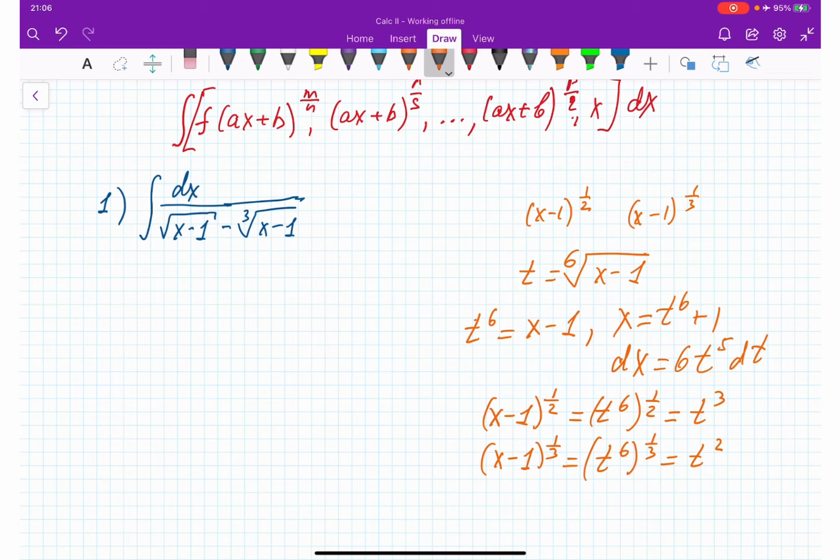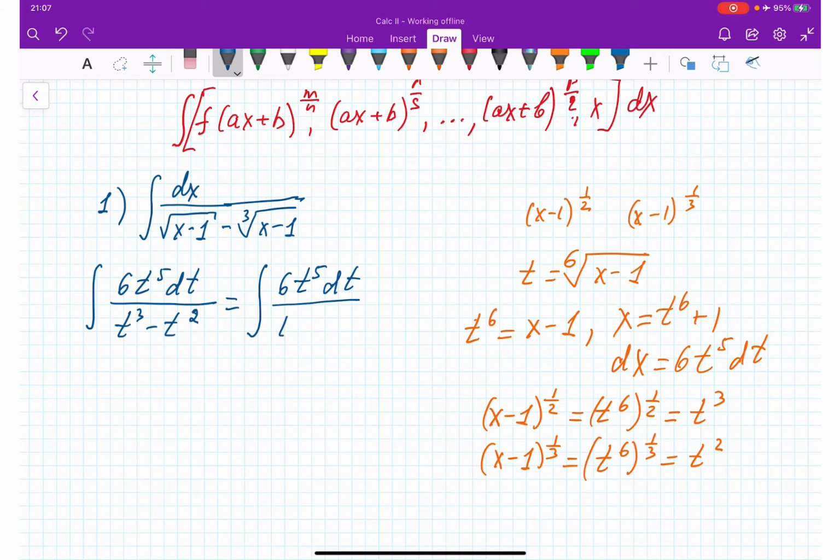So let's write down what we are going to get from here. We are going to get 6t to power 5 dt over t cubed minus t to power 2. All right, and this is going to be equal to the integral of 6t to power 5 dt.